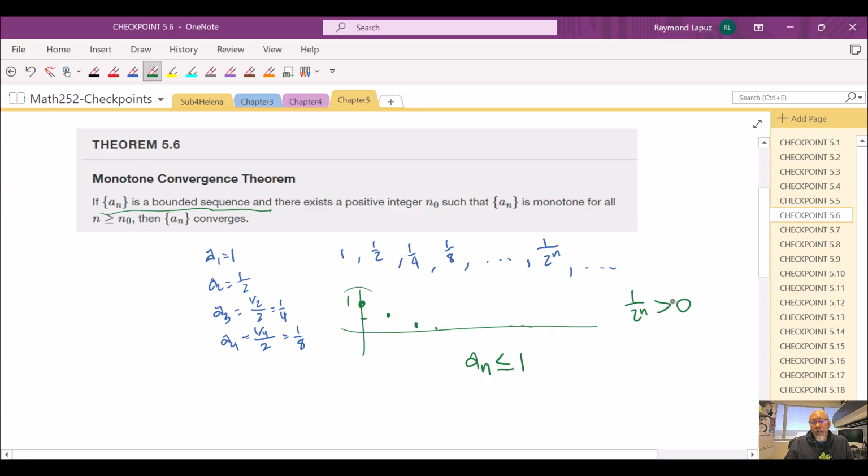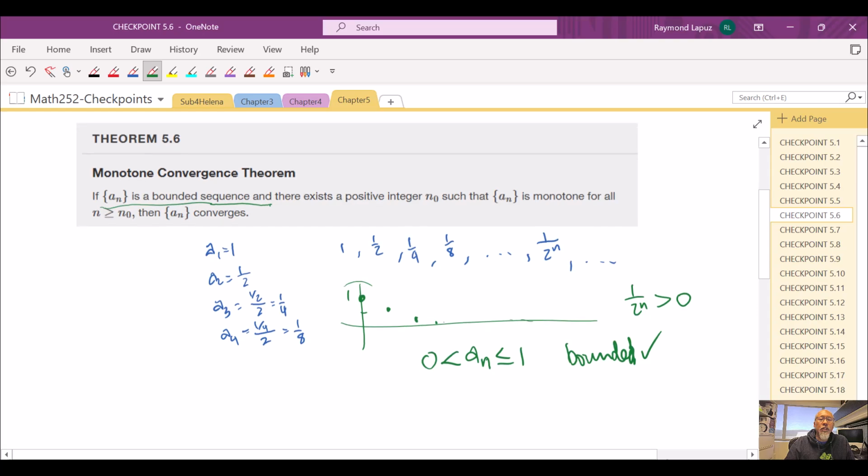In fact, I don't think it'll ever be equal to 0, so we can say that 0 is less than a sub n, which is less than or equal to 1. So this certainly proves that it's bounded, so we can check that off.